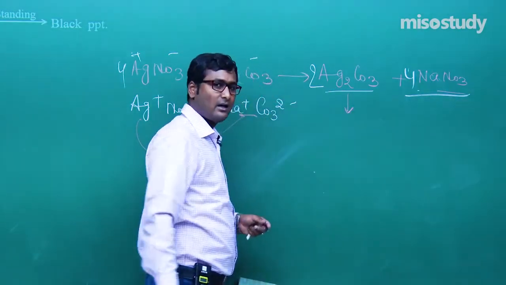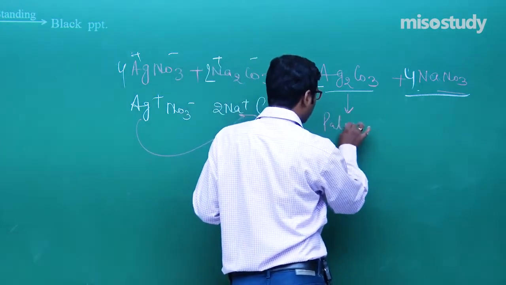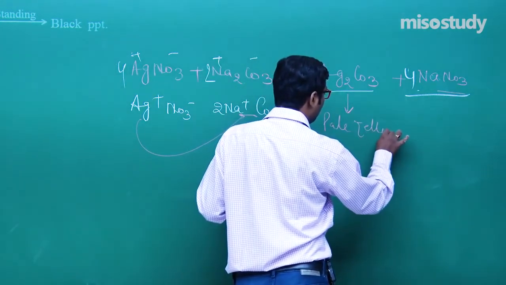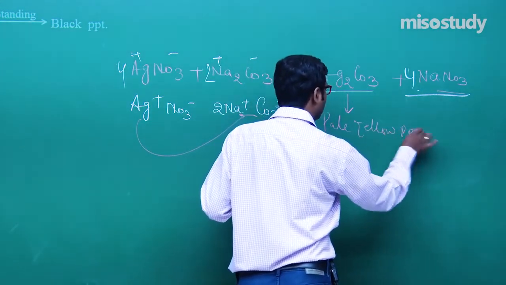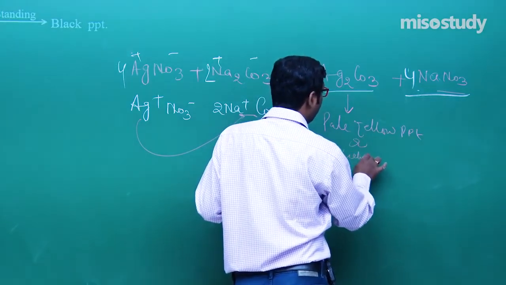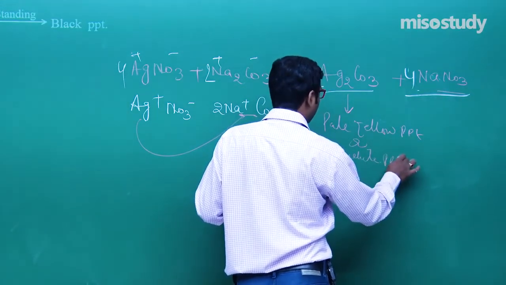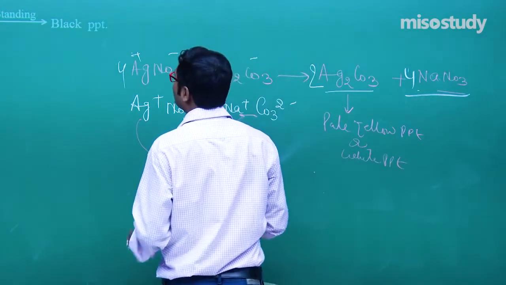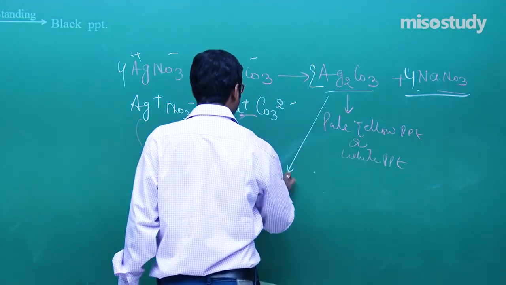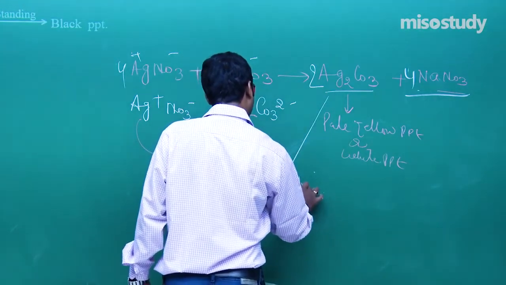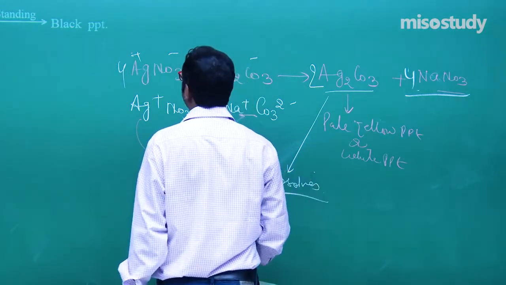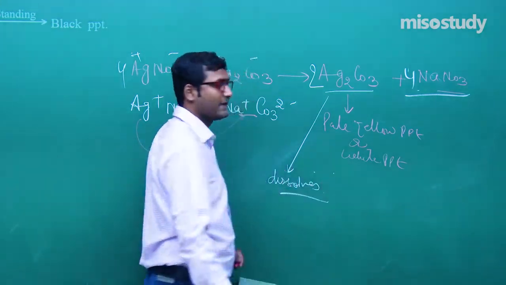Ag2CO3 has a color, again a pale yellow precipitate, or sometimes in many books it is given as a white precipitate, but on standing it does not give a black precipitate, it dissolves. So this is not the correct option.